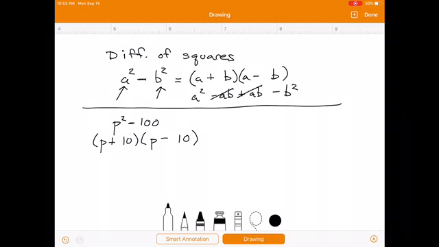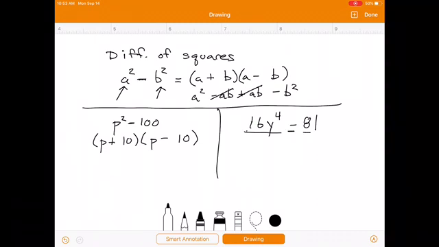Let's say we had another example, 16y to the 4 minus 81. Notice that 16 is a square, and y to the 4 is also a square, because you could do y squared times y squared.